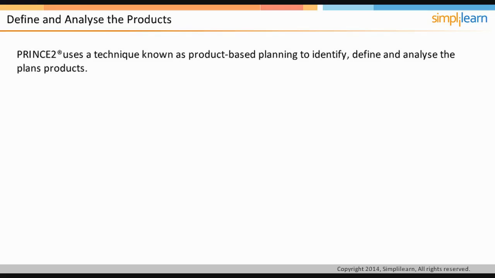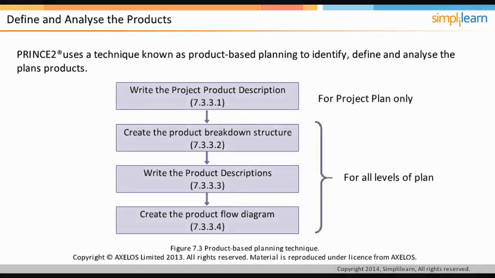PRINCE2 follows a product-based planning technique, which is likely to be iterative. As seen in the image on the screen, the first step of this technique is to write the project product description. This means clearly identifying what the project intends to build. The next step is to create the product breakdown structure for management and specialist products. This means identifying all the intermediate deliverables that need to be produced to get the final project output.